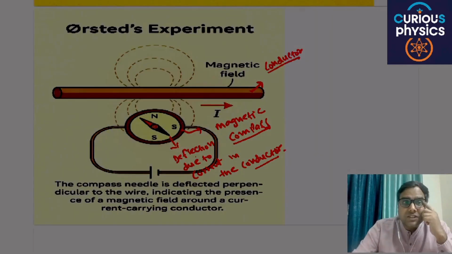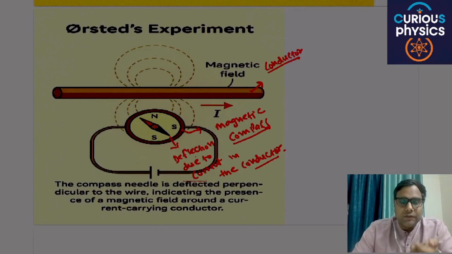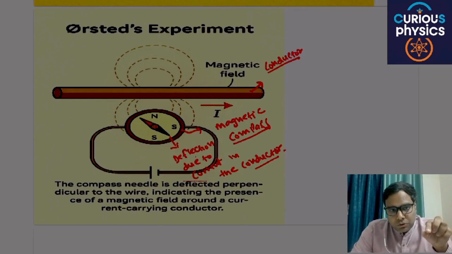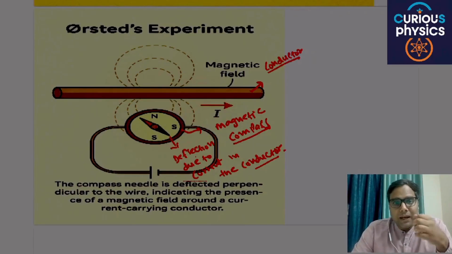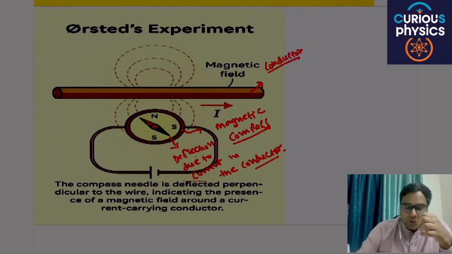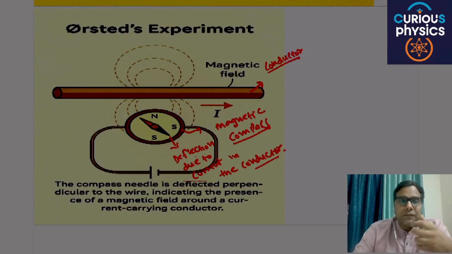When the charges start moving in the form of current through the conductor, these moving charges, or the current, produce a magnetic field, and due to this magnetic field the magnetic needle shows a deflection.